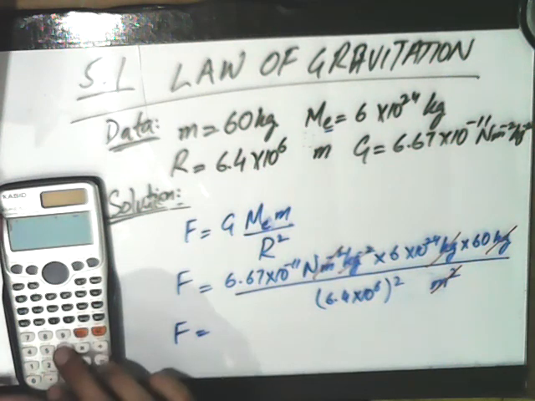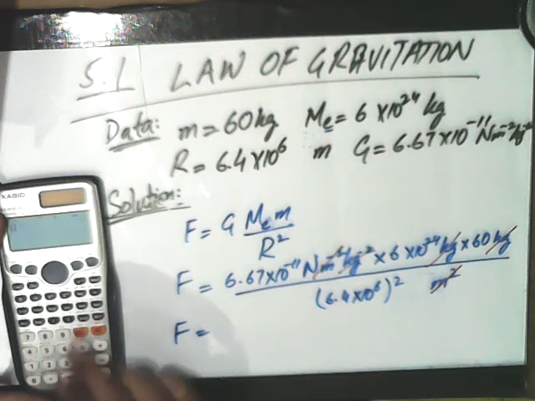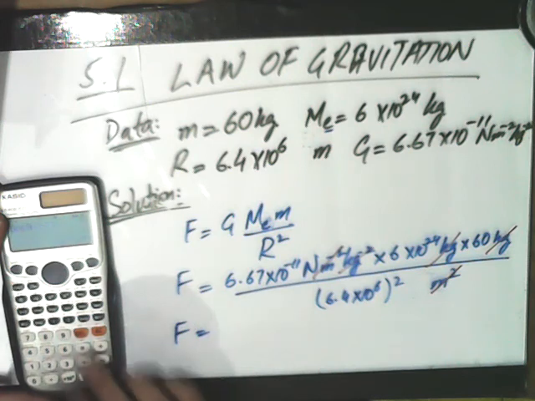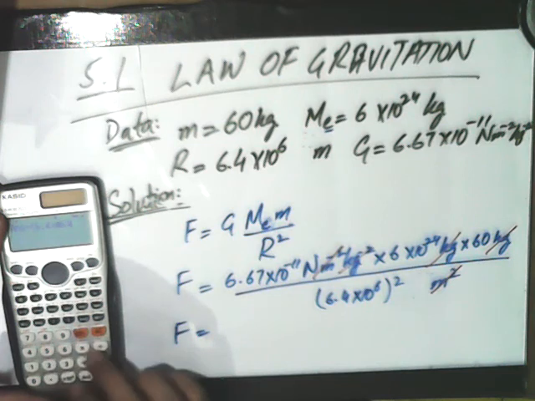So Newton is left. Once I calculate all the values for this, here's the calculator, let's put in the values. 6.67 exponent 10 to the power minus 11, right? We want to multiply this with 6 into 10 to the power 24, and we want to multiply this with 60 and divide by 6.4 exponent 6 whole squared, right?